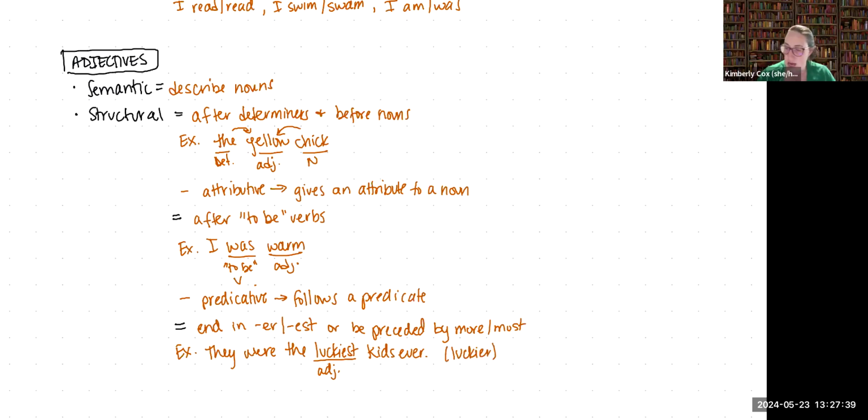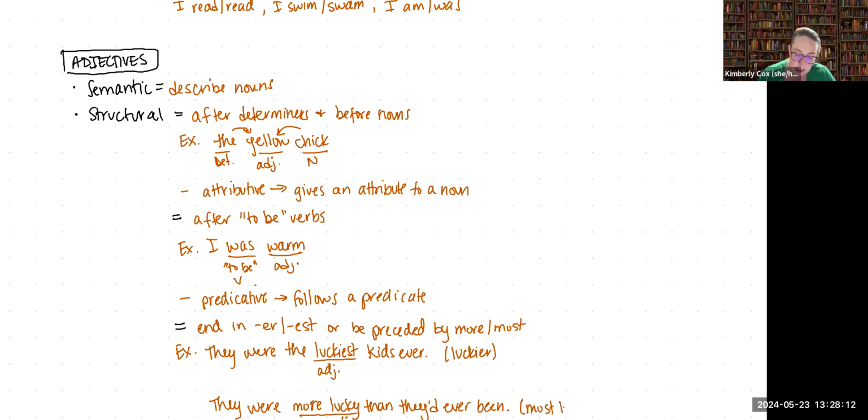I could also say they were more lucky than they'd ever been, right? So more lucky, lucky here would be an adjective, right? It is also entirely possible to say most lucky, right?